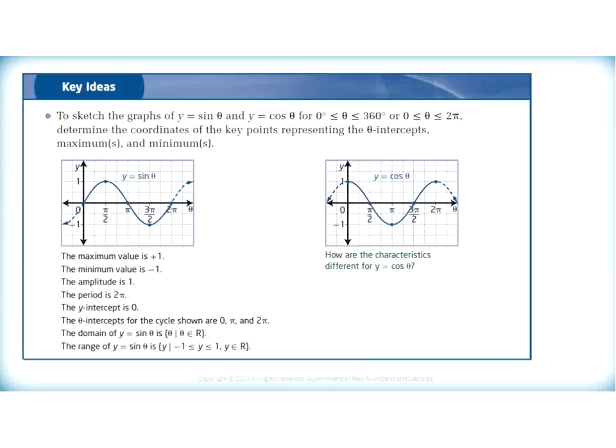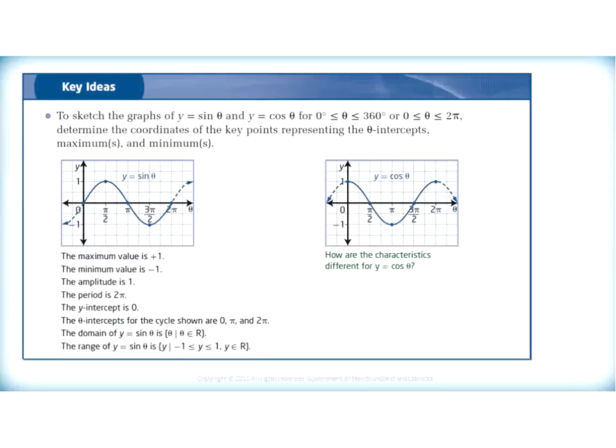So then, to sketch the graphs of y equals the sine of theta and y equals the cosine of theta in either degree measure, where theta is between 0 and 360 degrees, or in radian measure, where theta is greater than or equal to 0 but less than or equal to 2 pi radians, you have to determine the coordinates of key points representing the theta intercepts, the maximums and the minimum values of the function.